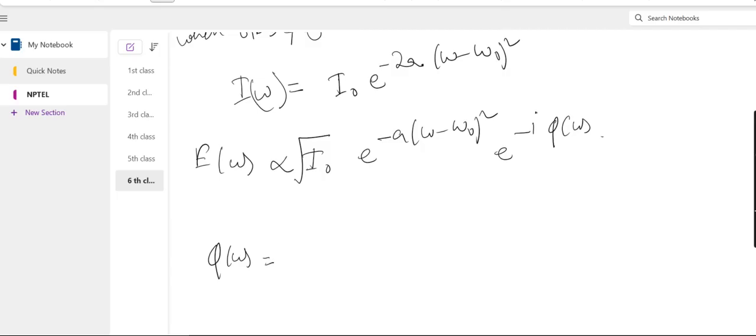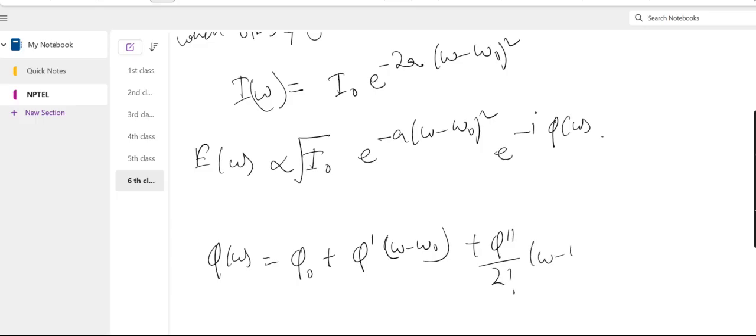So okay, this time phi omega gets phi naught plus phi dash omega minus omega naught plus phi dash dash by 2 factorial omega minus omega naught whole square. So we will consider up to this.